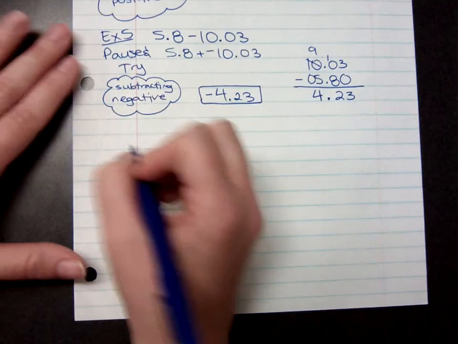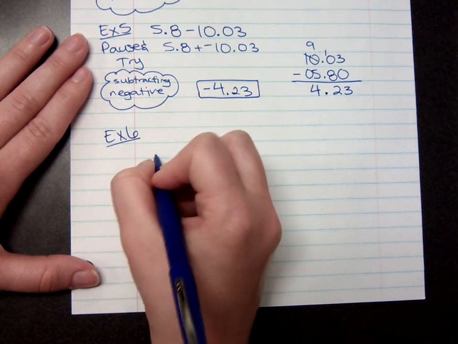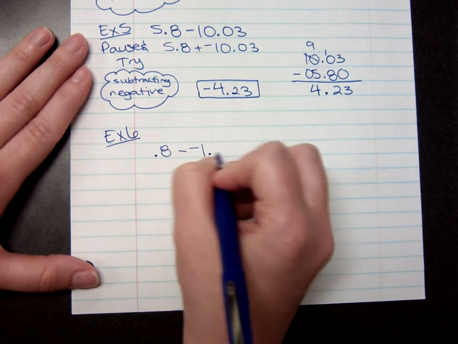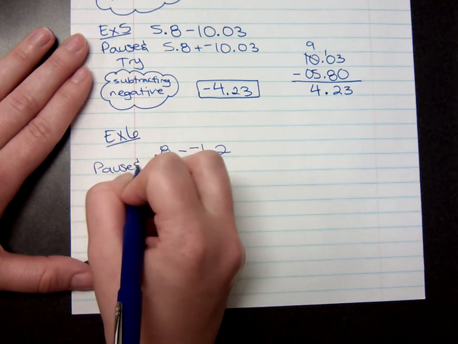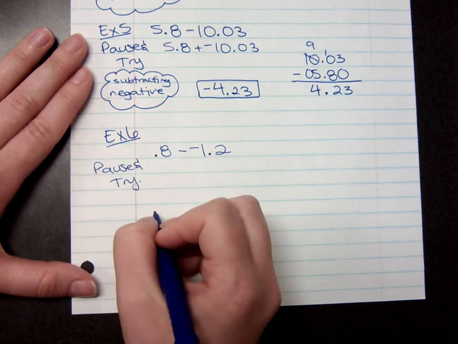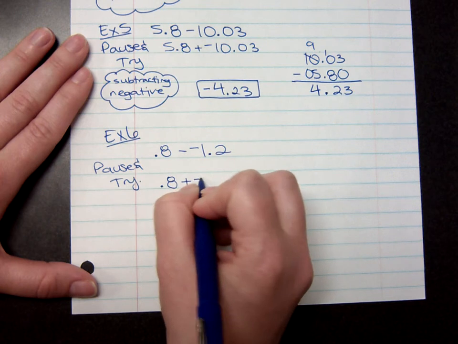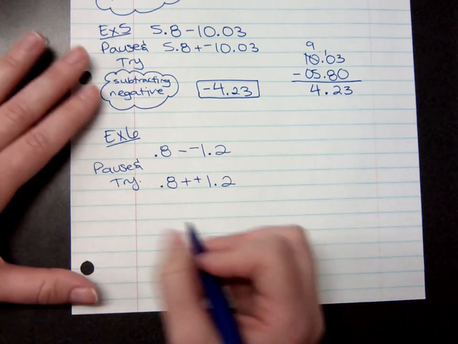Let's do one more. 0.8 minus negative 1.2. Go ahead and pause the video and try this one. So I'll do keep change. It becomes 0.8 plus positive 1.2.